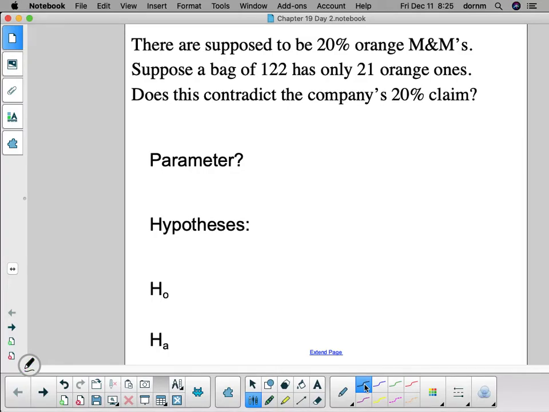You're going to have to say this out loud.